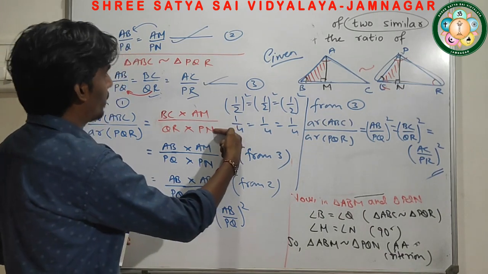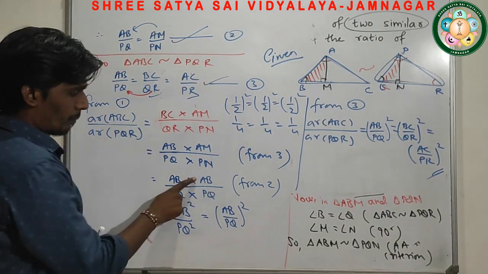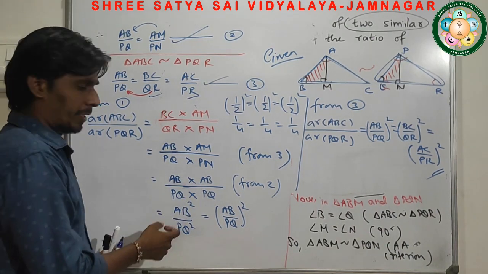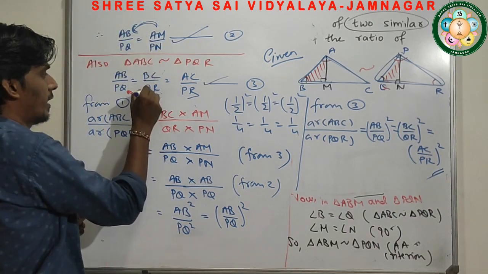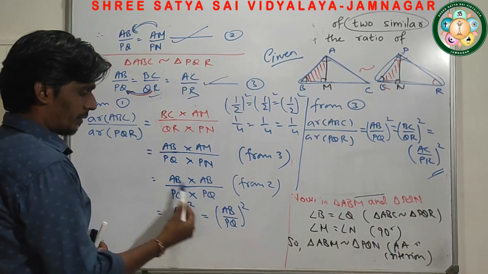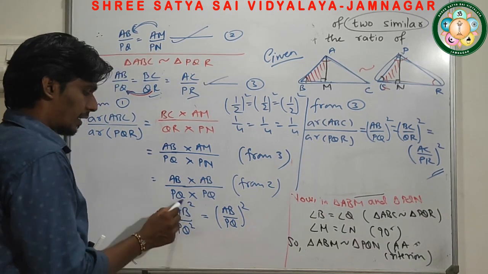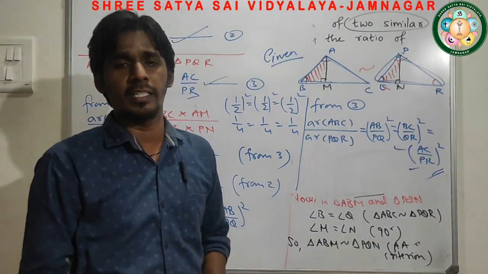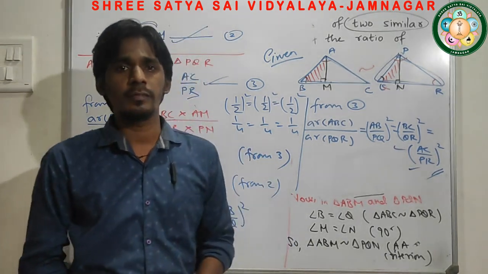And AM upon PN we also replace with AB upon PQ. Now I had to square, so both values should come the same, then only it will be AB into AB. So I replace both the values from here and here. So they become the same. AB into AB is AB square. PQ into PQ is PQ square. If the square of one is equal, then definitely the square of the other two corresponding sides is also equal. So this is the way we can prove theorem 6.6.